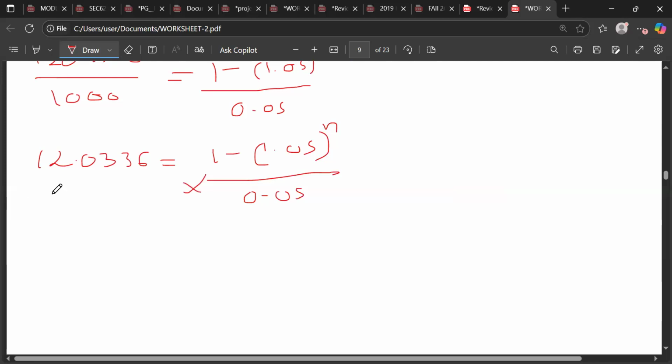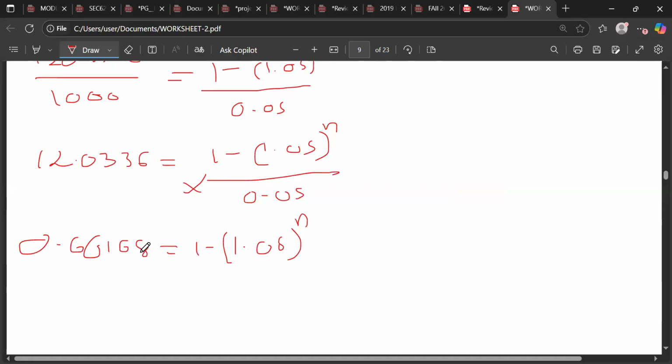So I'm saying 5% of this: 12.0336 times 0.05 will give us 0.60168, which is equal to 1 minus 1.05 to the power n.